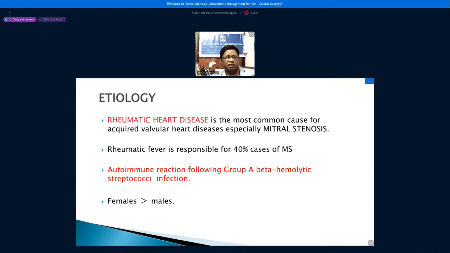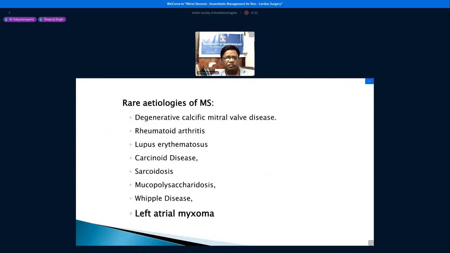In etiology, rheumatic heart disease is the commonest cause of acquired valvular heart disease, especially mitral stenosis. Rheumatic fever is responsible for at least about 40% of pure mitral stenosis cases. An autoimmune reaction following group A beta-hemolytic streptococci is the causative agent, and females are affected more than males.